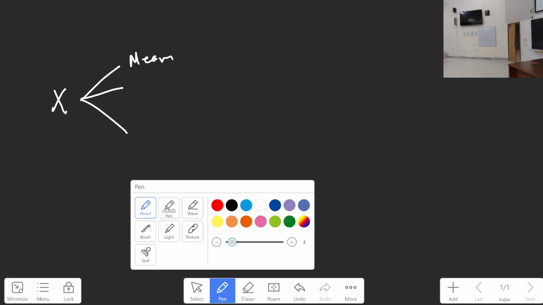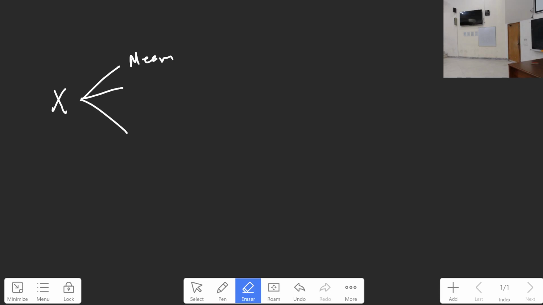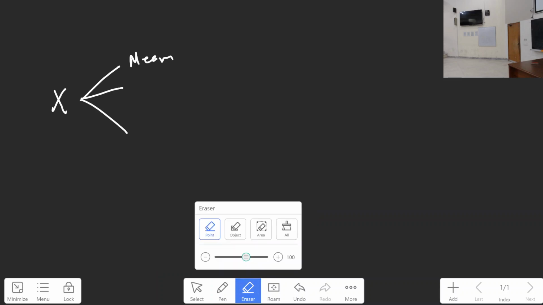So for a random variable, we had mean, variance, and covariance, and then I mentioned cousins of these, mode, etc., that you can see on your own.